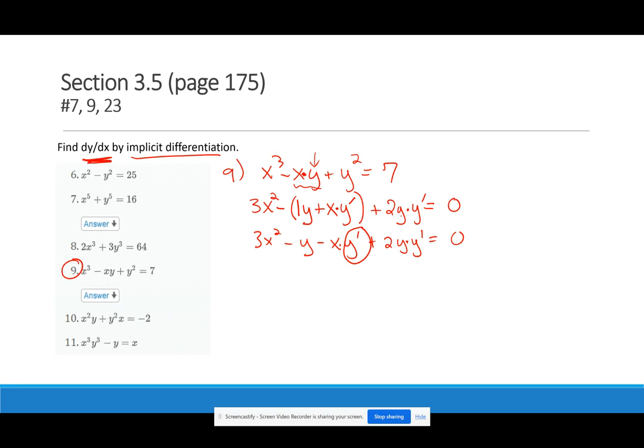And now what you want to do is collect the terms with the y prime, keep them on the same side, and move the others out of the way. So I'm going to subtract the 3x squared and add the y to get them to the other side. And then at this point, I'm going to factor out my y prime. When I do, what's left would be negative x plus 2y.